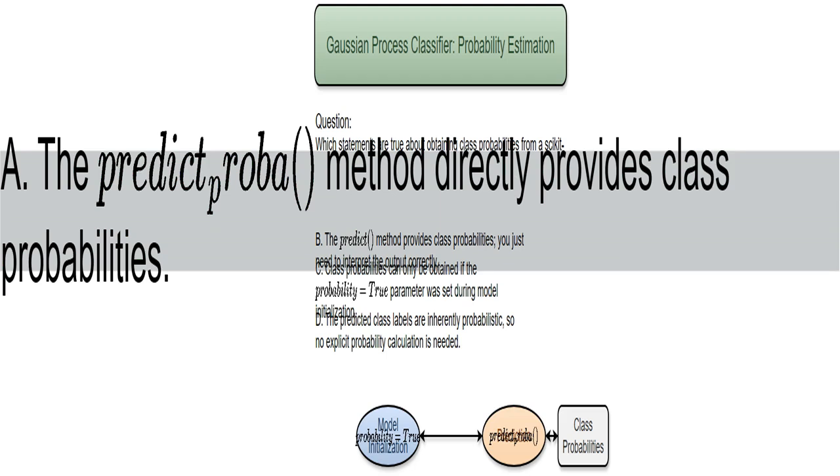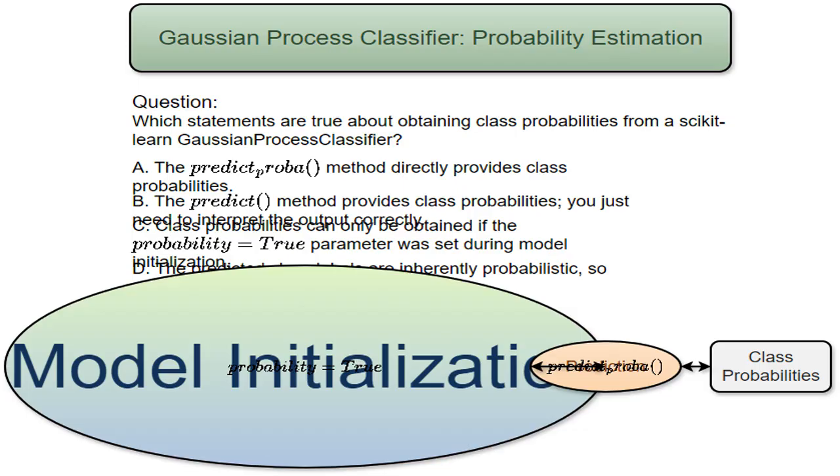So this answer is conditionally true. It's a function call that gives your results. This parameter, set during the creation of the Gaussian process classifier model, is essential for enabling the model to calculate and provide probability estimates.